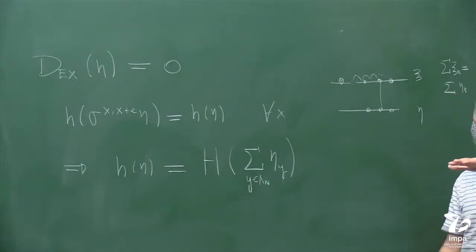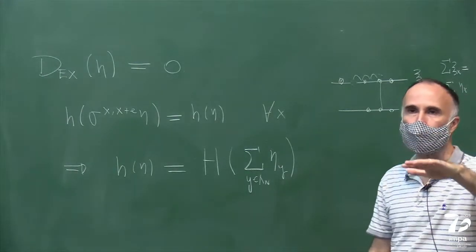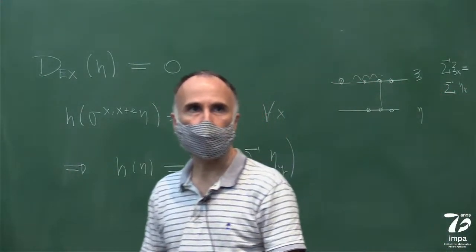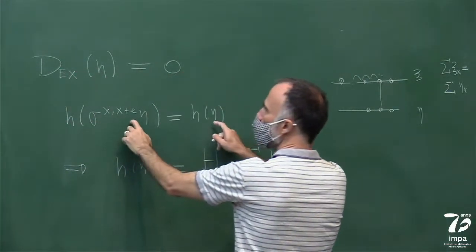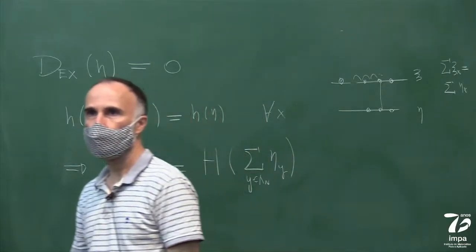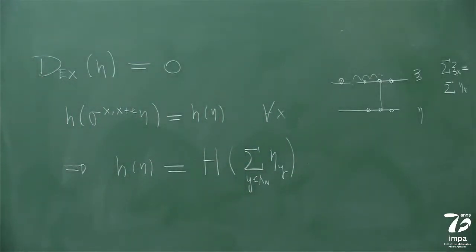So if you fix the total, if you fix this hyperplane, then h is constant over this hyperplane. But the value at each hyperplane can be different. Right? Because here we have only information about configurations with the same number of particles. Okay? So while in the irreducible case, if the Dirichlet form is 0, we get that h is constant.